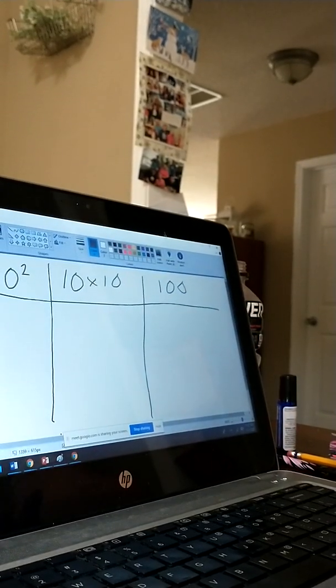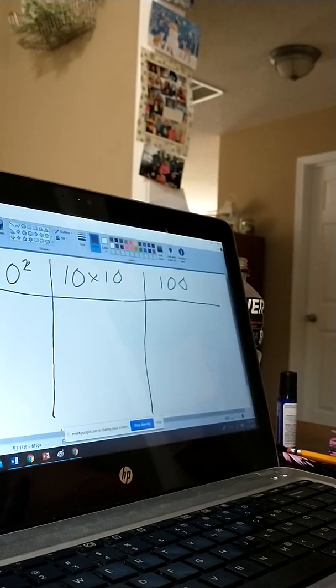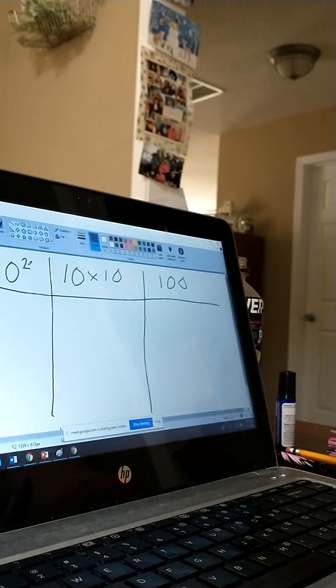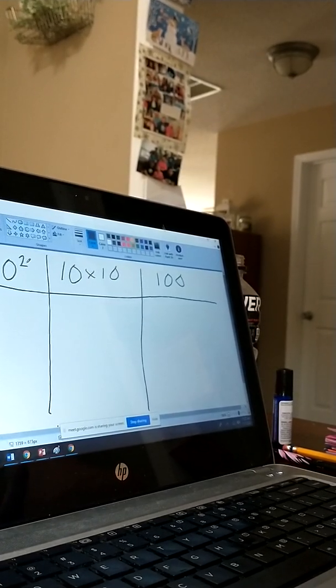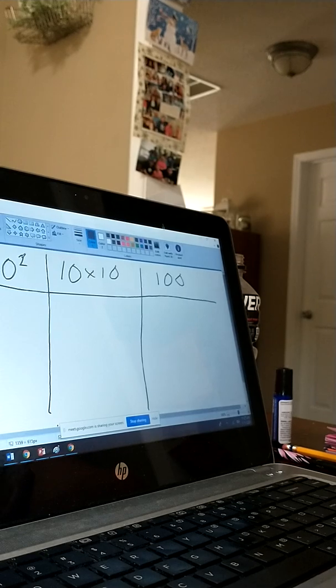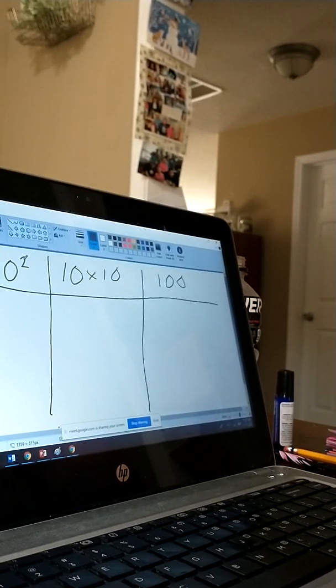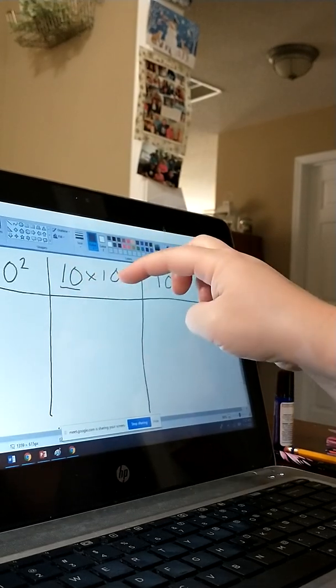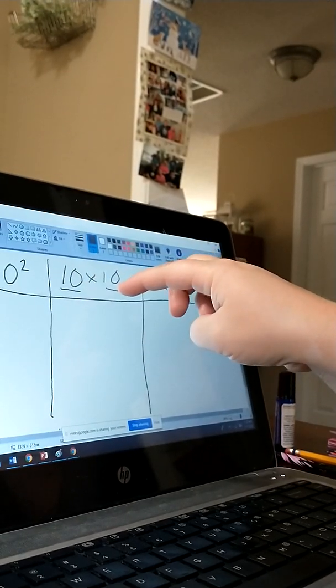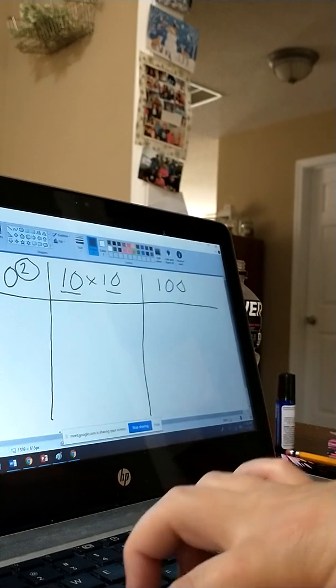For example, 10 to the second power, which is what you guys typed in. When you type it, the way that you show that that little 2 is small is by putting that arrow. What that actually means is 10 multiplied by itself this many times.